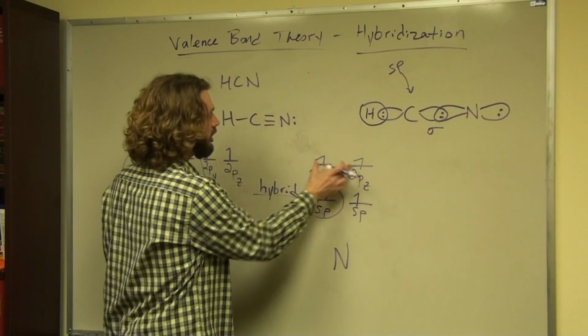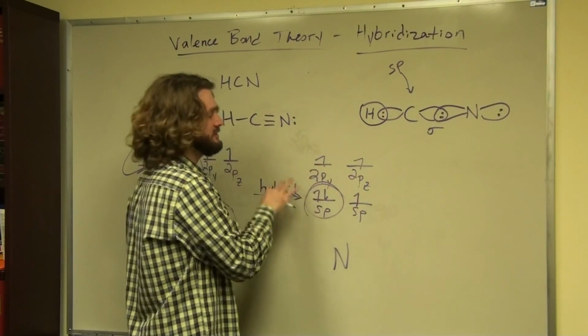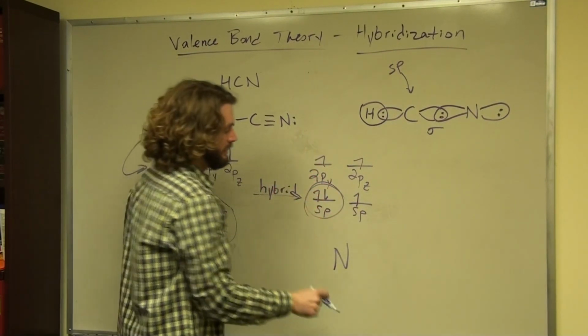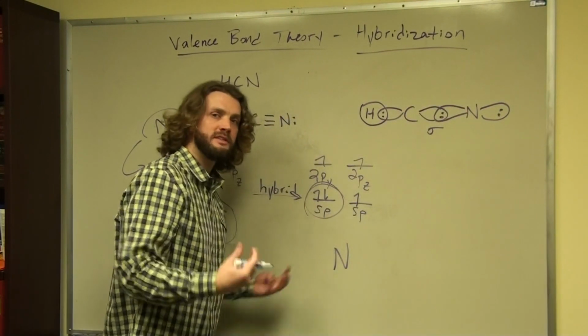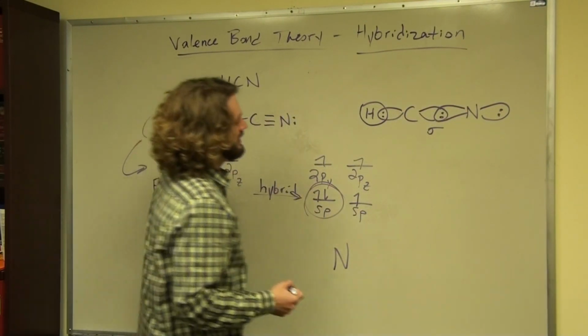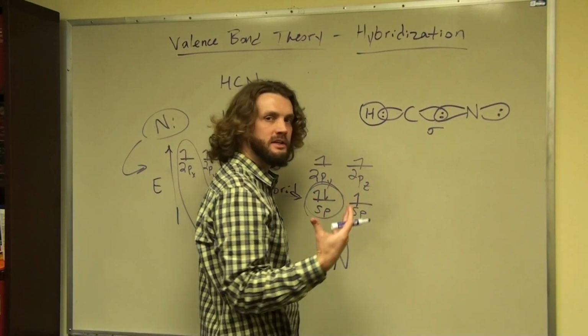So on both carbon and nitrogen, we had two unhybridized p orbitals, each with one electron unpaired. The way that we depict that in valence bond theory, when we draw these hybridized structures, is we leave those p orbitals almost like Cartesian axes.